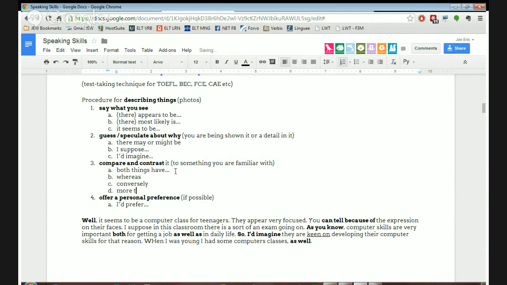More than, less than, or the same as. So I want you to repeat what you said, Luo. Maybe "both" isn't the best connector for what you said.